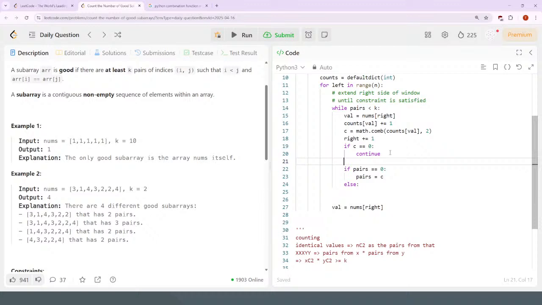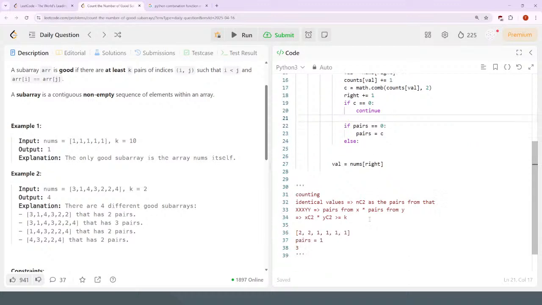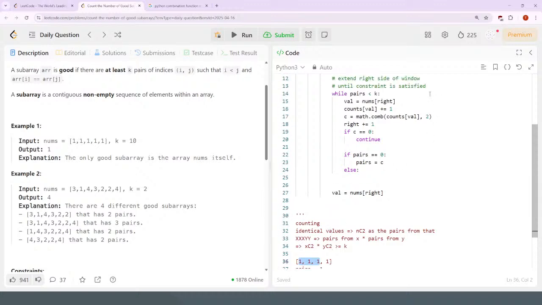But if the number is not 0, so you can create a pair here, then you need to add how many pairs you create and subtract how many pairs you previously created. So for instance, if you had one pair and you look at the third one, there's now 3 pairs you can make from the, maybe you can just say this.